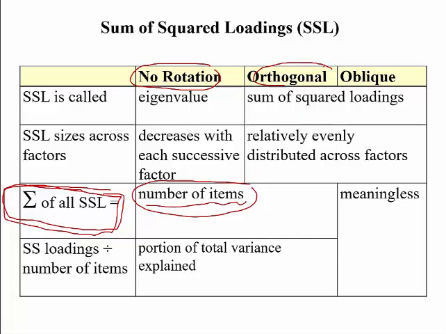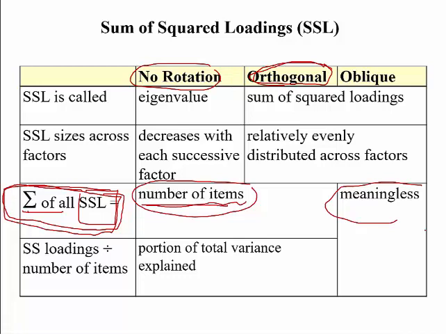If you do orthogonal rotation and extract all the possible factors or components that you can extract, it will still be true that the sum of all your sums of squared loadings will equal the number of items. But if you do oblique rotation, it doesn't make any sense to sum across all your sums of squared loadings.